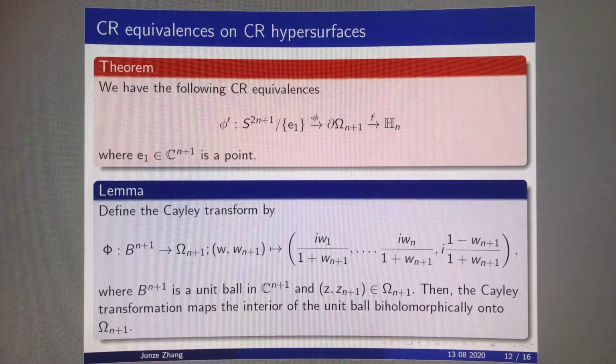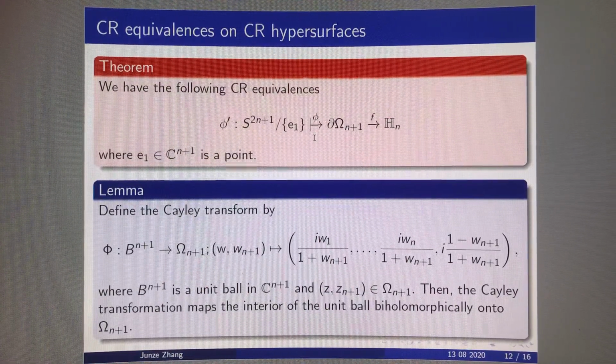For this little phi, we do the same thing, but we need to use a Cayley transform. In the following lemma, the Cayley transform is a biholomorphic mapping from the unit ball in C^(n+1) to the Siegel domain.